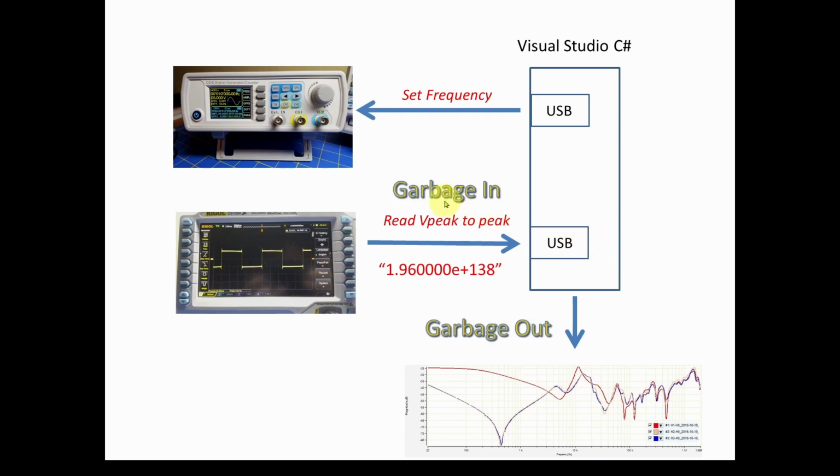In the engineering world, you often will hear garbage in, garbage out. And what that means is if your input data that you use as input to whatever analysis you're going to do is garbage, then your analysis is going to be working on garbage input, and it's going to give you garbage output.